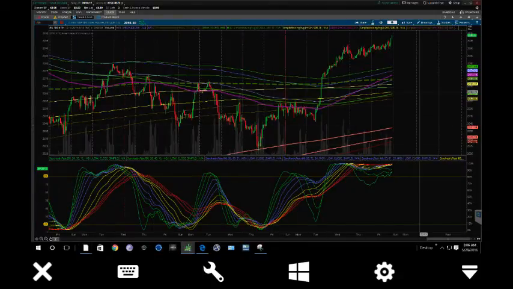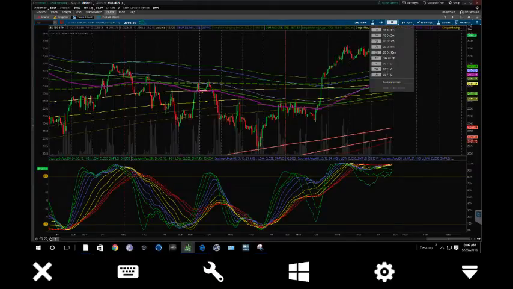So these are the levels I'm looking at: 2080, or whenever these lines, or even the purple, all meet up somewhere over here, it makes a very strong support. Price is going to come to it and bounce right off of it. Whenever you get lines crossing over or coming together, it's a nice support.